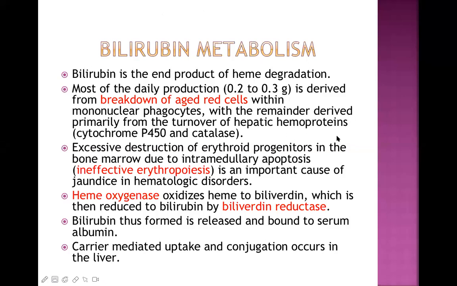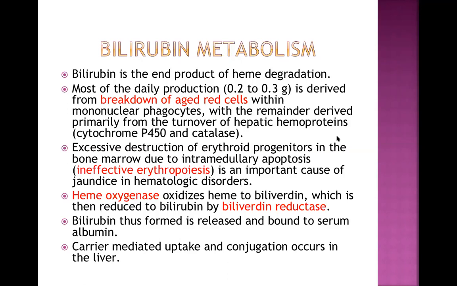You don't need to know this in so much detail. If somebody asks you what is the source of bilirubin, from where bilirubin is synthesized, you can simply say from the red blood cells, and we understand what you are talking about. The heme component of hemoglobin that is present inside the RBC. Now the normal life cycle of RBC is up to 120 days.